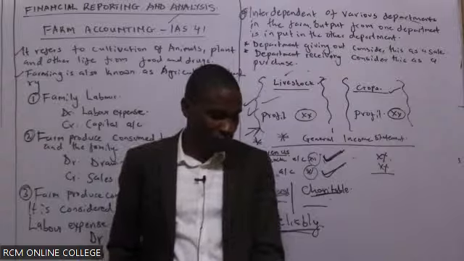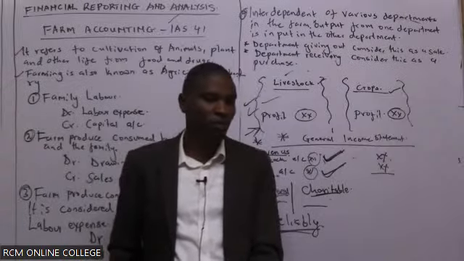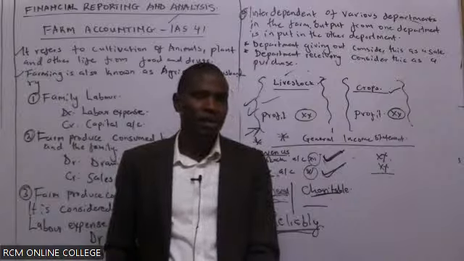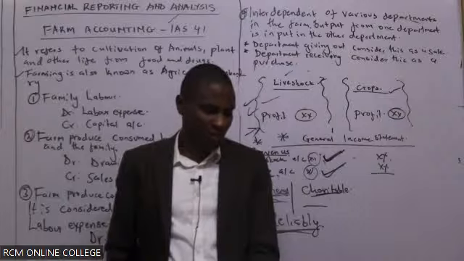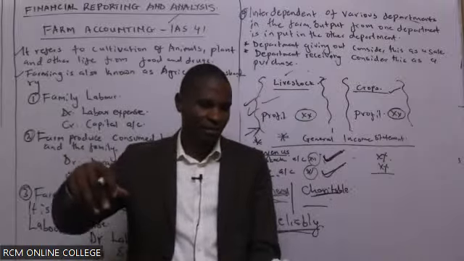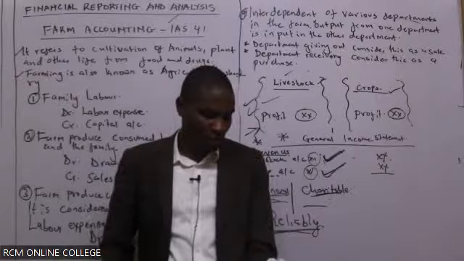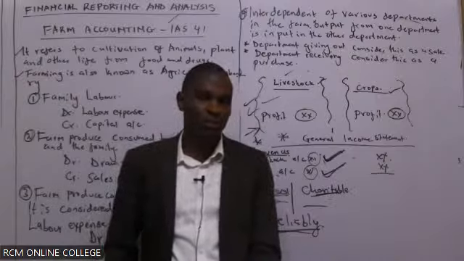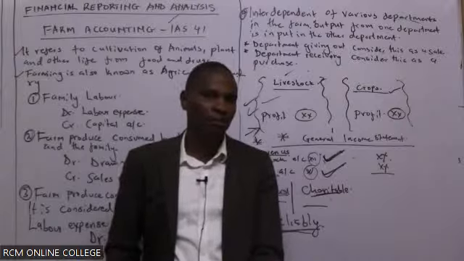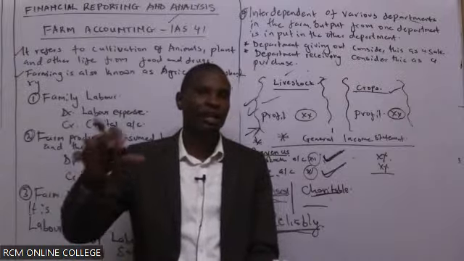So farm produce consumed by the owner, we treat that as a sale to the respective department, as well as a drawing, the same item, the same value, drawing to the statement of financial position. That is farm produce consumed by the owner or family. It is a sale to the respective department.